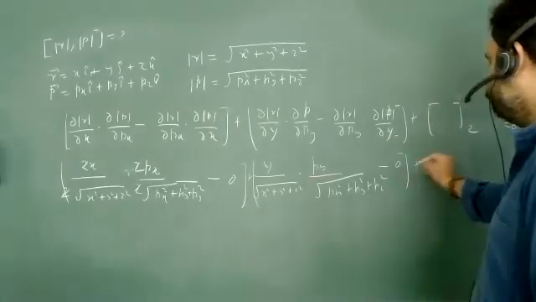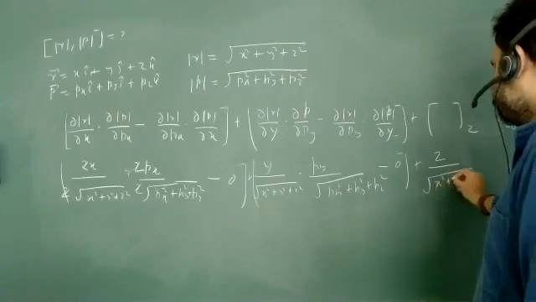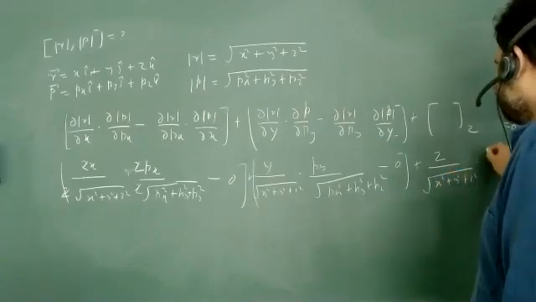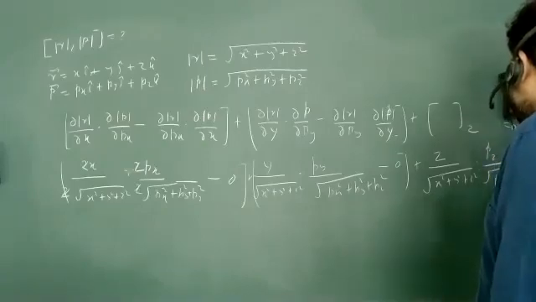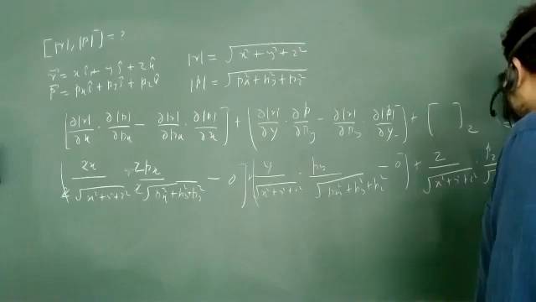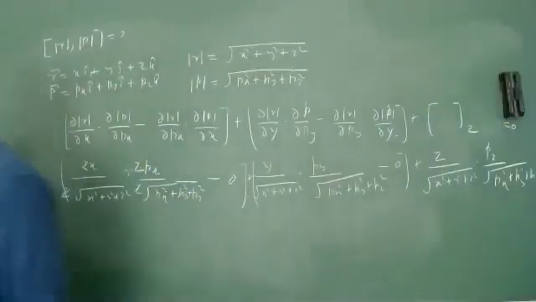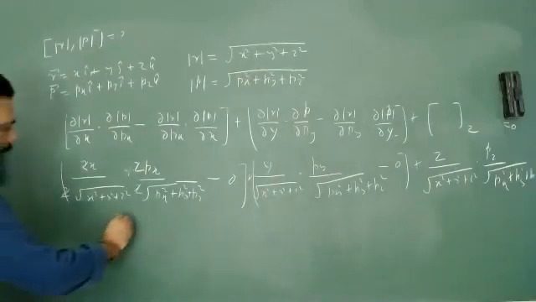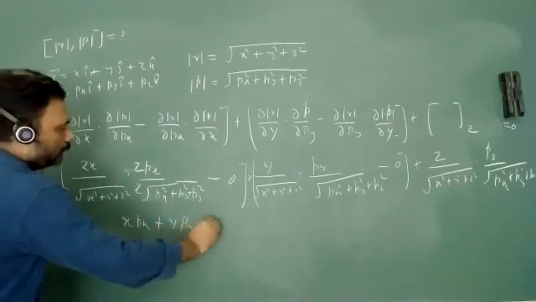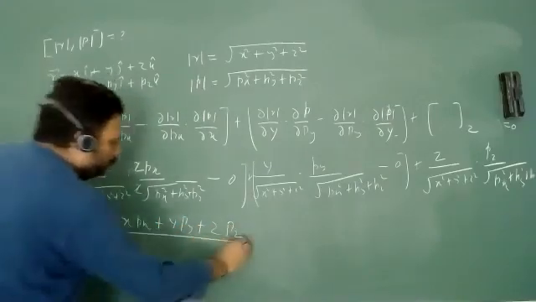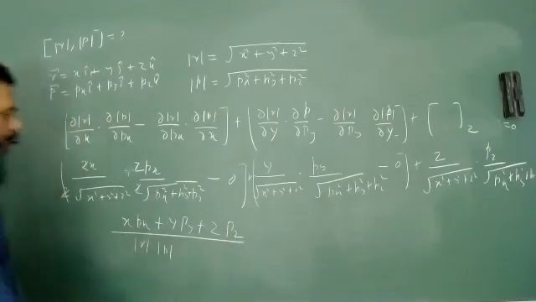And similarly we have z upon root under x square plus y square plus z square, and pz upon root under px square plus py square plus pz square. So we can write it in a neat form, and that will be x px plus y py plus z pz by mod r mod p.